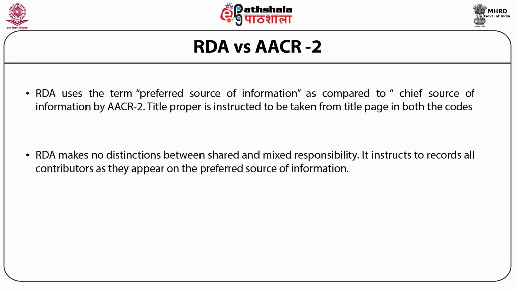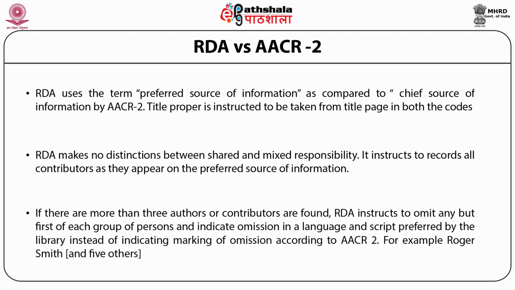It instructs to record all contributors as they appear on the preferred source of information. Thirdly, if more than 3 authors or contributors are found, RDA instructs to omit any but the first of each group in person and indicates omission in a language and script preferred by the library, instead of indicating omission by marking according to AACR2.